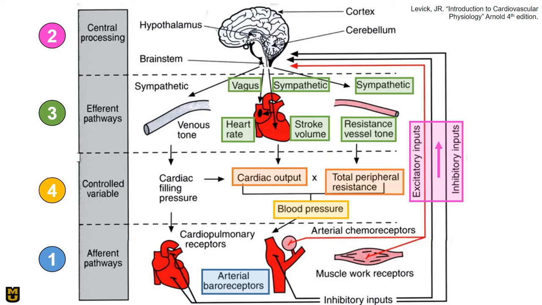Those things will then feed back to modulate cardiac output and total peripheral resistance to get your blood pressure back to where it should be. So this is really the idea of the autonomic nervous system maintaining homeostasis. And the really cool thing is we can measure all of these in our human research participants, and I'll be walking through that throughout the rest of the presentation.